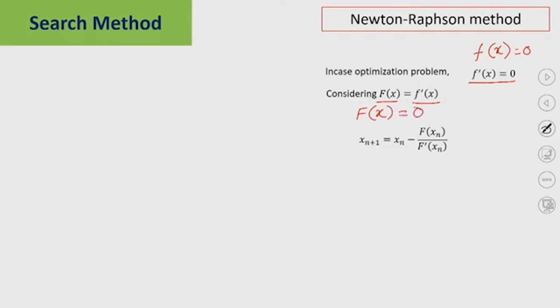That means we are trying to find the root of this capital F x function. Therefore, I can apply the same Newton-Raphson method for finding the root of this capital F x function, which is x n plus 1 equal to x n minus the function value at x n divided by the derivative at x n.